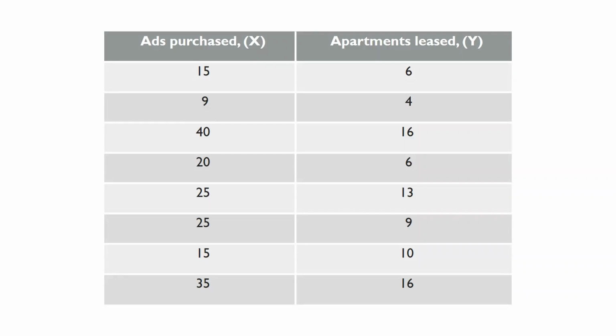Very simple situation, but unless you're much more quantitatively savvy than I am, I simply can't just look at this table and tell you what the relationship is. That's a little bit beyond my capability. So we'll go through the process and do some simple calculations and see what we can figure out.